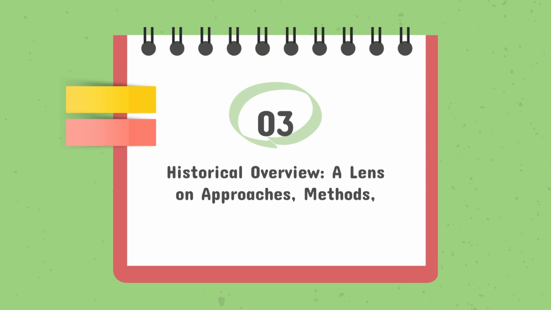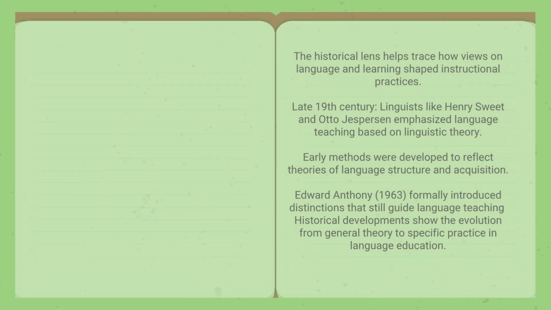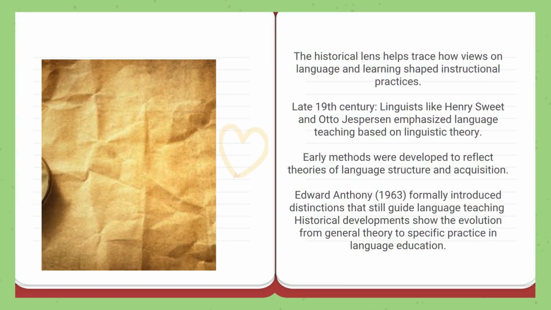Now, let's move to the historical overview, a lens on approaches, methods, and techniques. The historical lens helps trace how views on language and learning shaped instructional practices. In the late 19th century, linguists like Henry Sweet and Otto Jespersen emphasized language teaching based on linguistic theory.